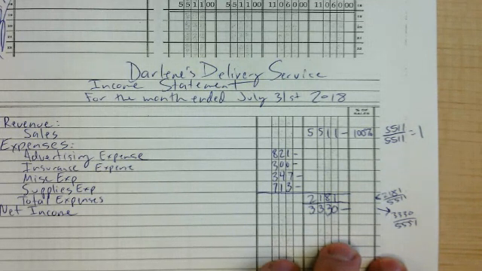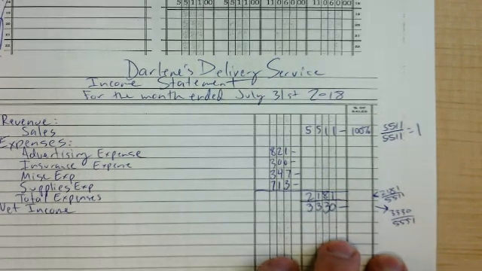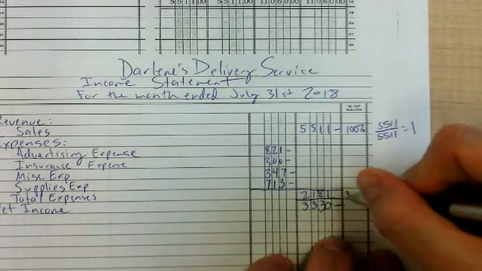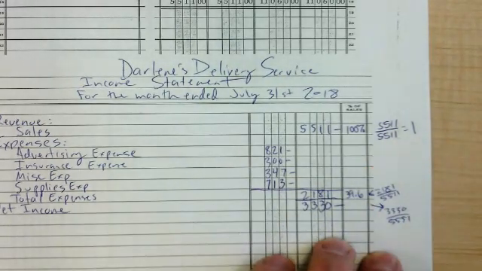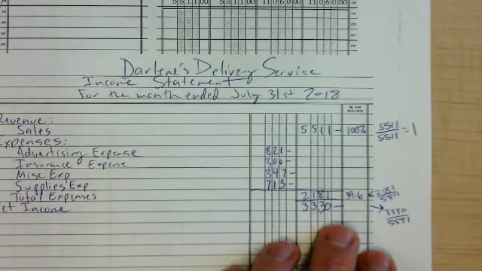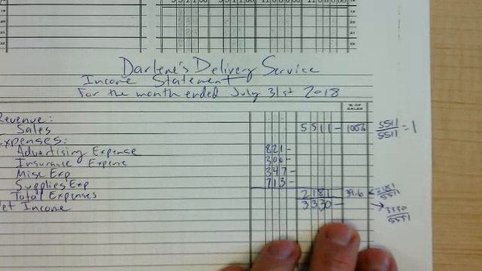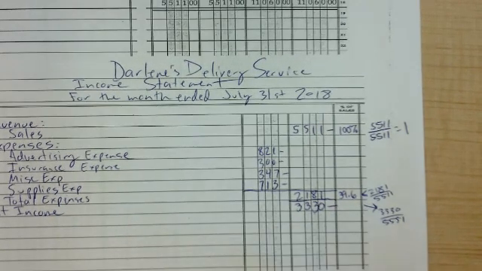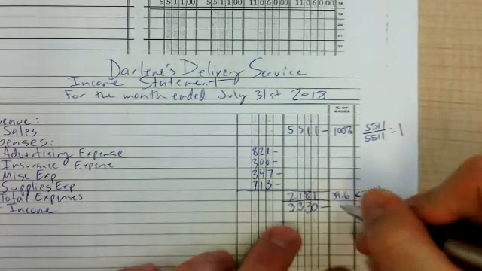It said round to the nearest 0.1%, so it'd be 39.6%. So then 3330 divided by 5511 equals 60.42. So round to the nearest tenth of a percent will be 60.4.